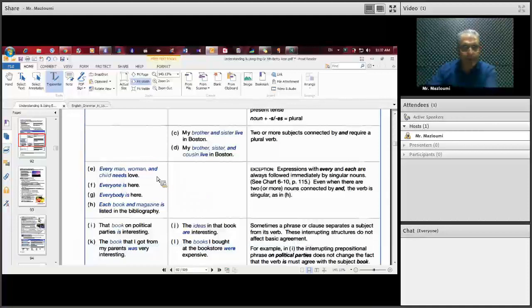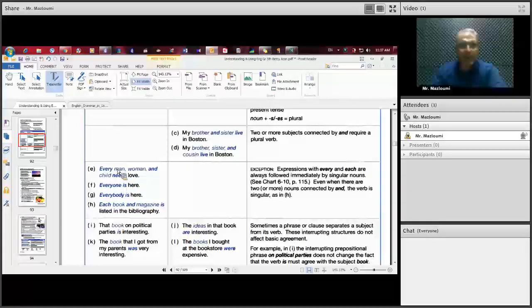Okay, yeah, this one. So, you see, everyone, every and each. Well, every man, woman, and child needs love. As I mentioned earlier, we use every with singular countable nouns. Remember, we say every, this, and this, plus singular verb needs love. Everyone is here.